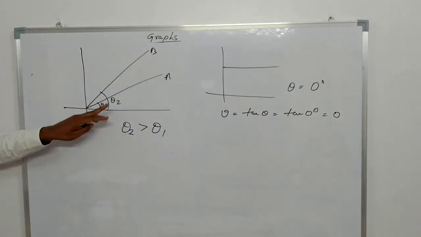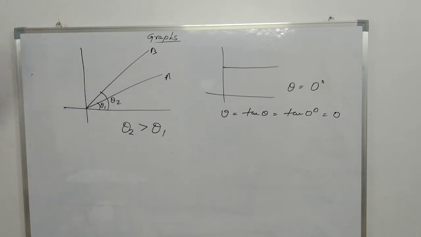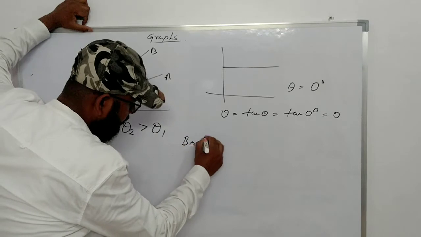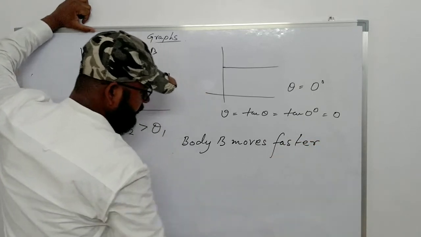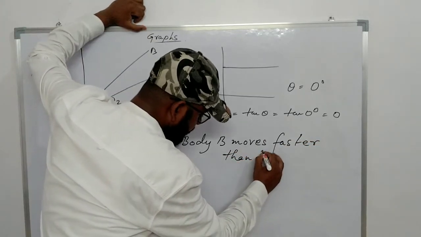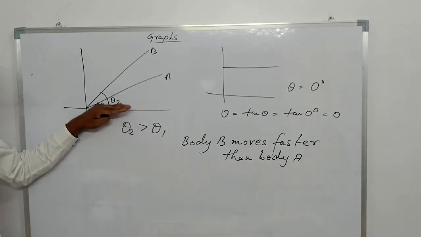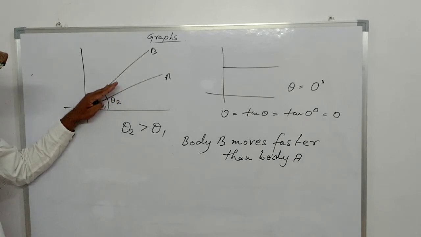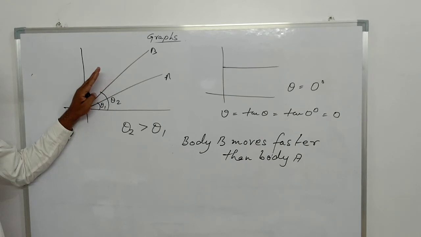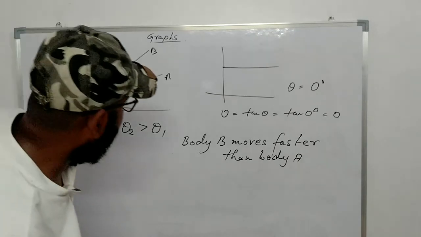Theta 2 means the slope of B is greater than the slope of A. It means the body B moves faster than body A. So if the value of the slope, or you can say the value of theta, increases, the speed of the body increases. Got it?